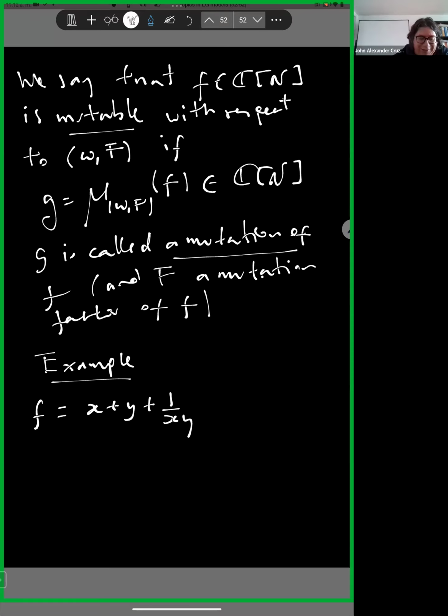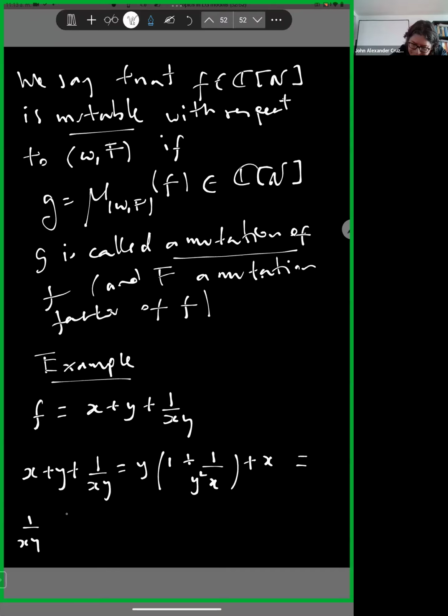Now I just rewrite this in different ways. x plus y plus 1 over xy is equal to y times 1 plus x squared, and so on.